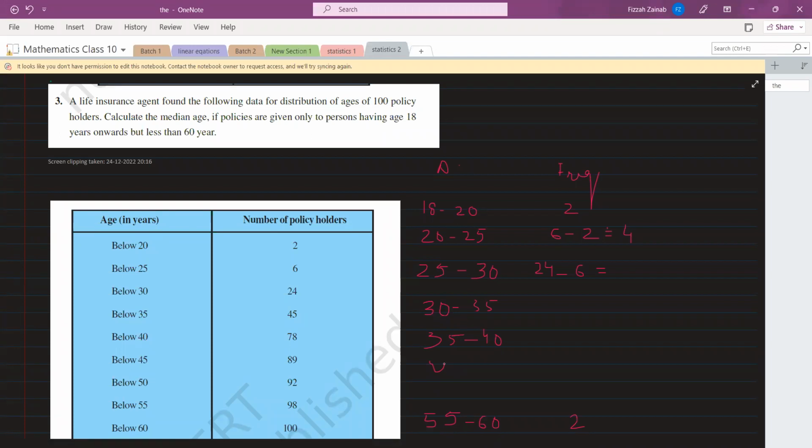Sorry, you have to find the cumulative frequency also. We look at cumulative frequency, not frequency. Please make a column of cumulative frequency and then tell me what you are getting.